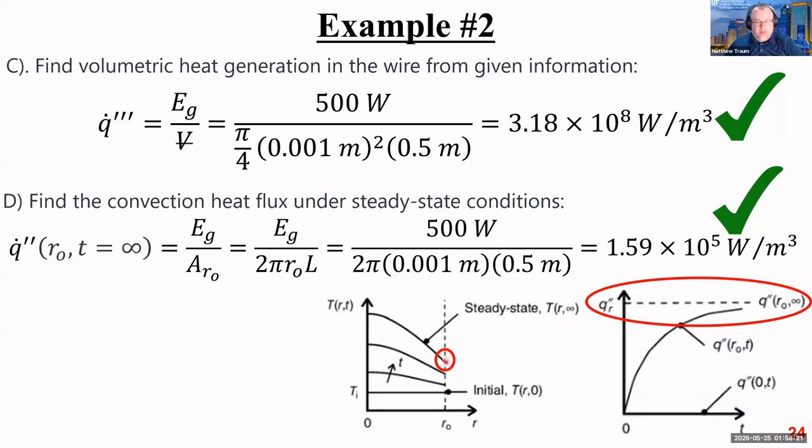And because you have a constant temperature at the wall, the convective heat transfer from the wall out into the gas is also going to be a constant, fixed, unchanging heat flux value, right? So that's this dotted line here, this asymptotic value up at the top. So all we're doing now is calculating what the numerical value is, representing this spot on the temperature versus radius chart, and this line on the heat flux versus time chart.